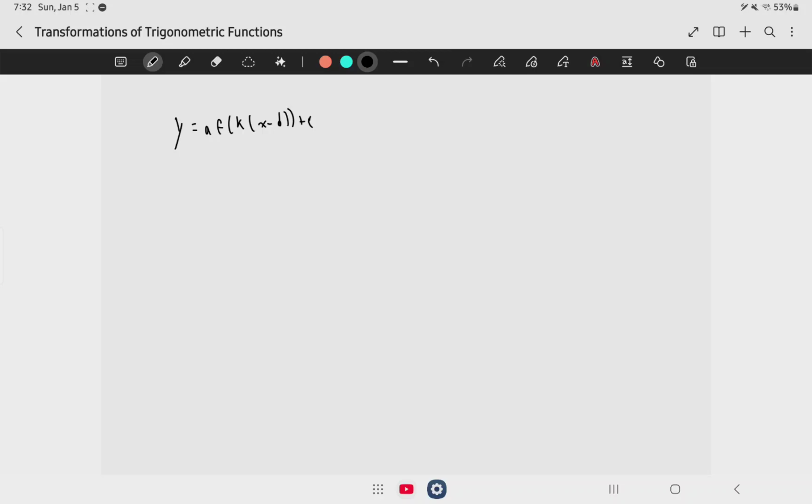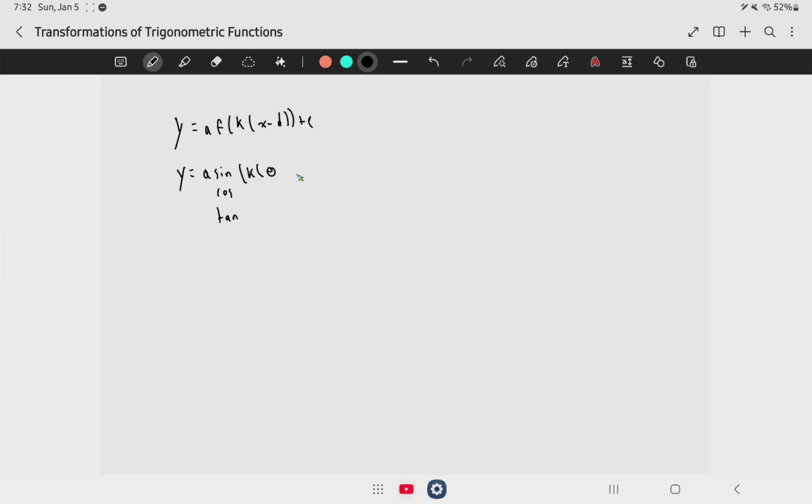So this is what it would look like for a normal function, but for trig, it's just a little bit different. For trig, it's still y equals a, and we use sine as the base trigonometric ratio. However, the sine could be replaced with either cos or a tan or whatever ratio you're using. So I'll just keep those down there. And then it is k.